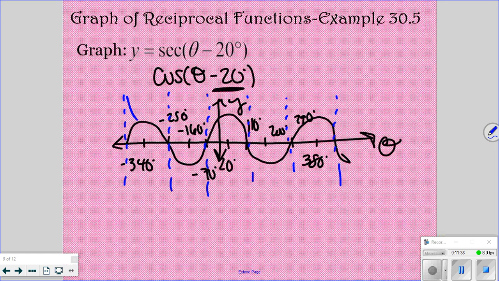And then you're going to do your little u's. Okay, so there you go. So that's how those work for your sine, cosine, tangent, secant, cosecant, and cotangent.